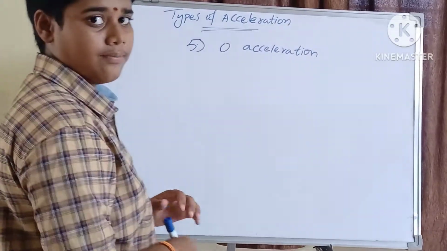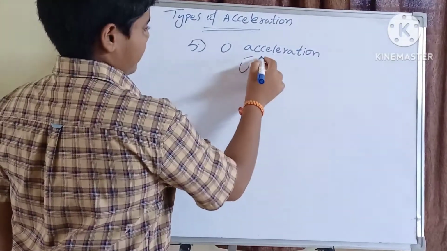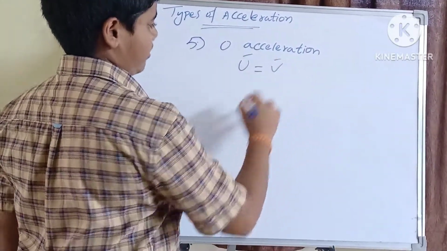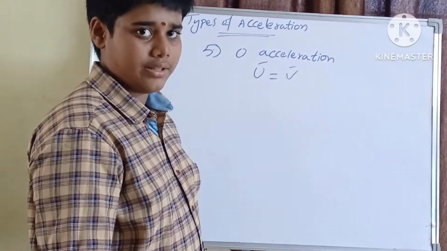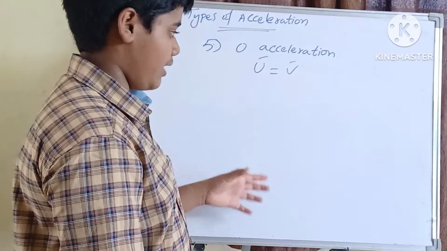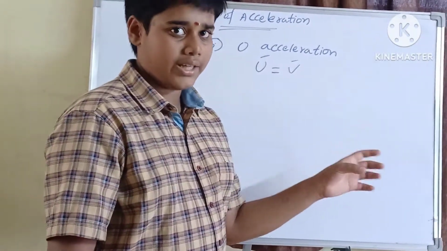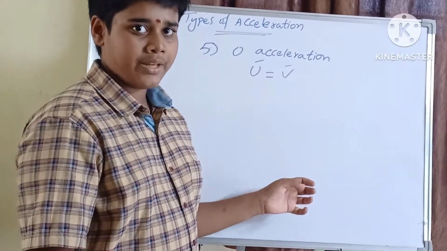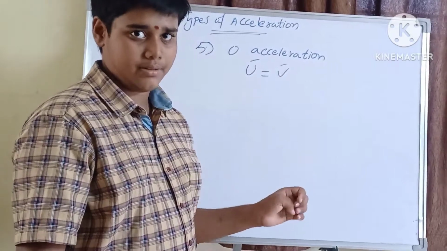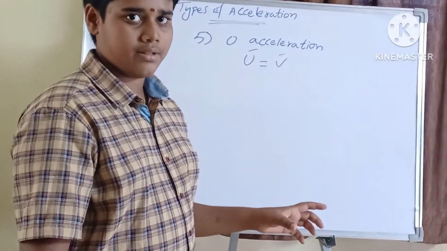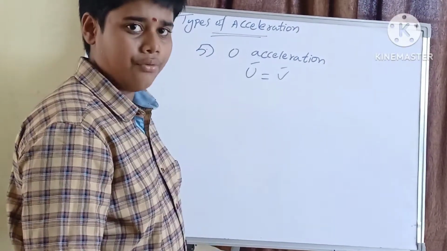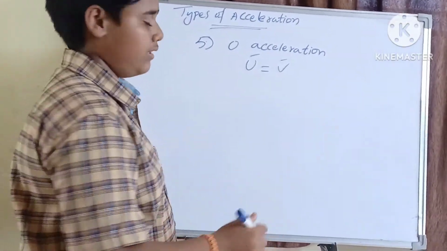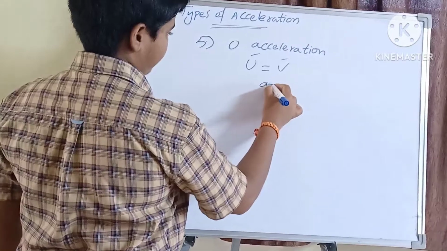And the fifth type, zero acceleration. Here initial velocity is equal to final velocity. For example, if a car is moving with 40 km/h initially and finally 40 km/h, the time can be 4 hours, 10 hours, any amount of time.